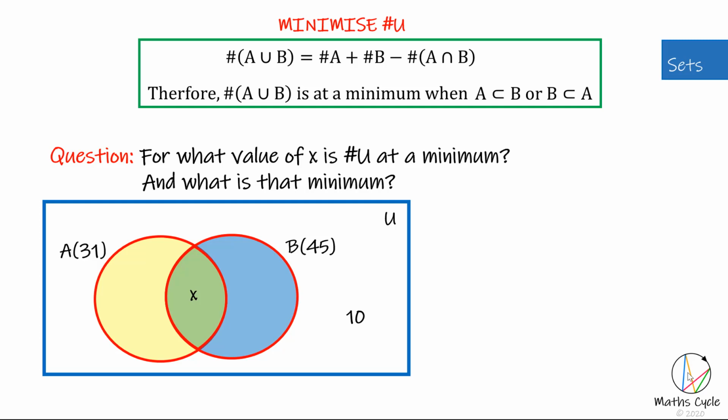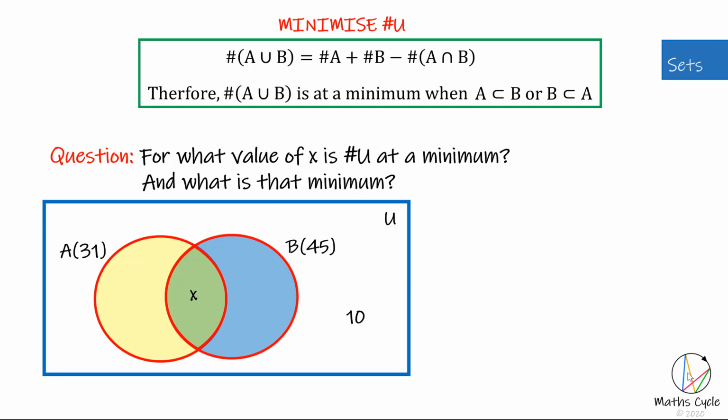Okay? So look at this question. For what value of x is the cardinal number of U at a minimum, and what is that minimum? So it's the same question. Now here, B has 45 elements, so it can gobble up all of A, which is 31 elements. A has 31, so it's too small to gobble up all of B, which is 45.